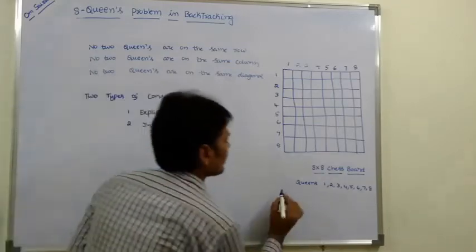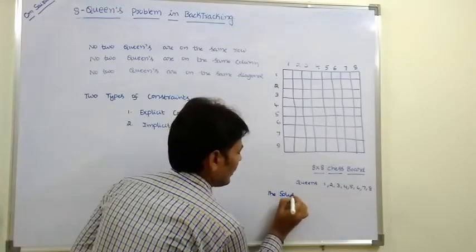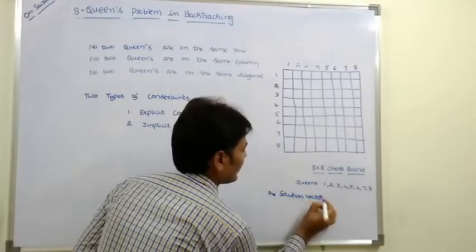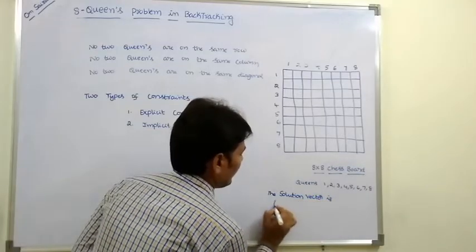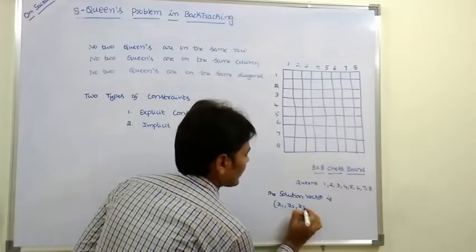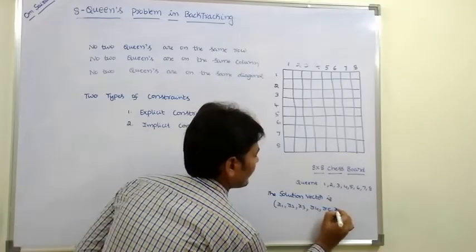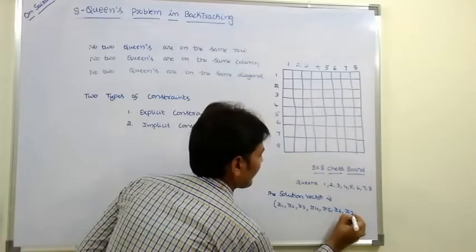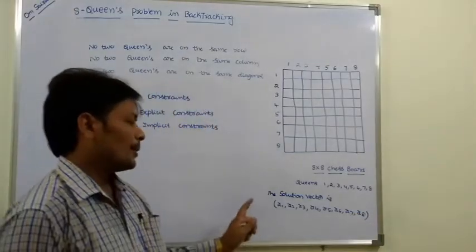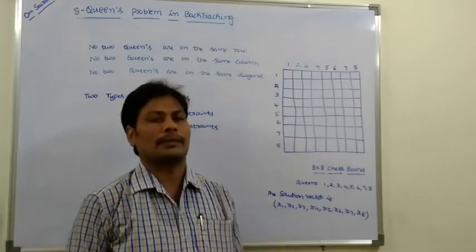Here the solution vector is x1, x2, x3, x4, x5, x6, x7, x8. These solution vectors represent the column numbers.